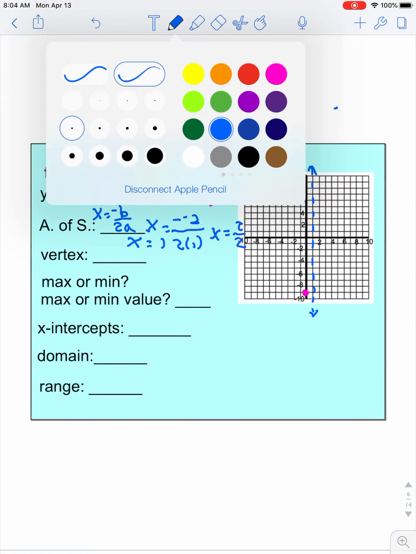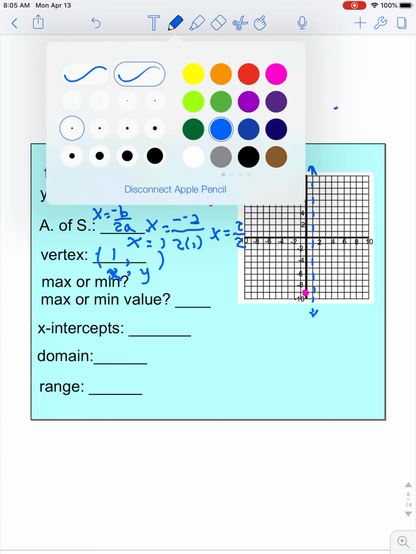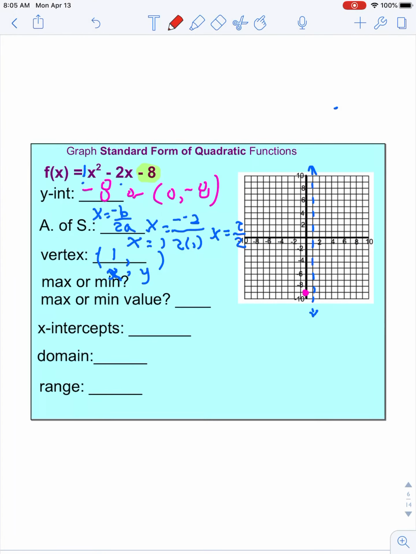Now my vertex is the ordered pair, and it's somewhere on that axis of symmetry. So I already know the x value right here. I get that from the axis of symmetry, so my x value is 1. So I'm looking for the y value when my x value is 1. So all I do to find that is I plug in my x value of 1 into my equation.